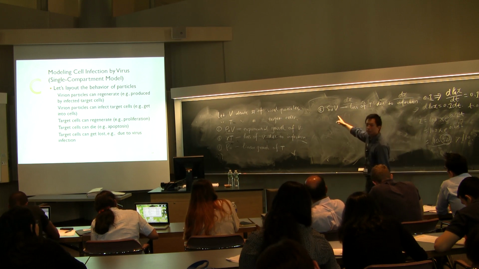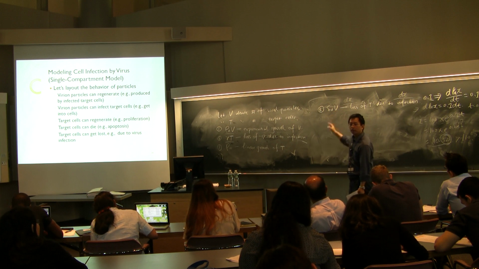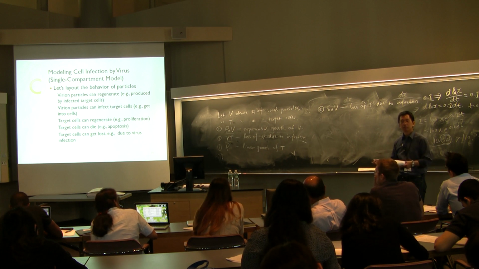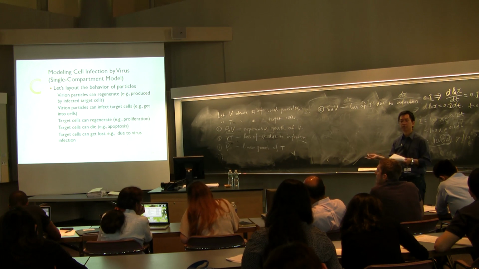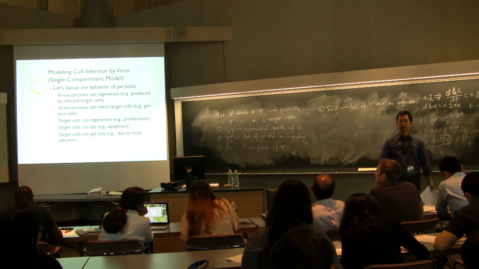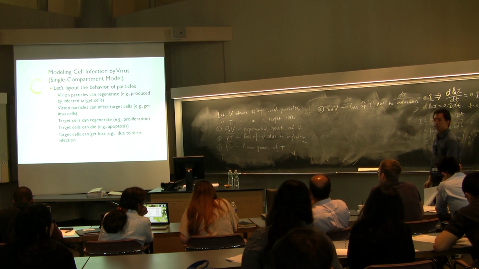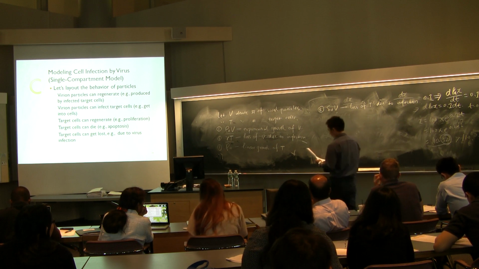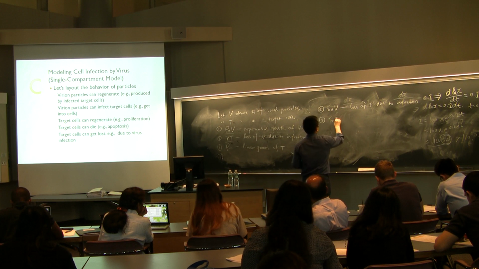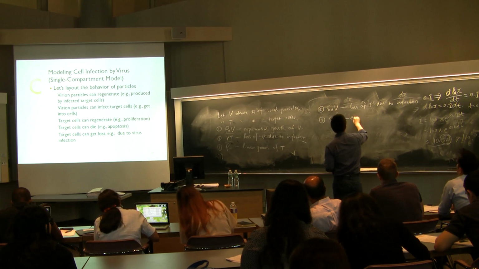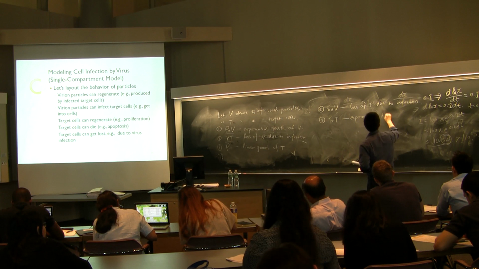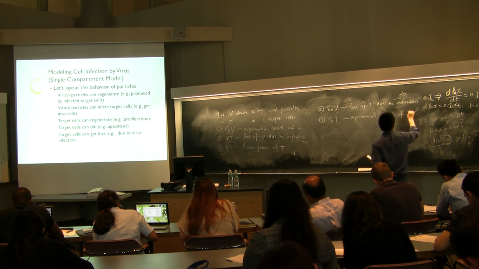And for the same reason, it's proportional to V. If you have more viral particles, it will be easier for a target cell to become infected. That's why you have V here. So now let's consider the death. This is the exponential death of T.